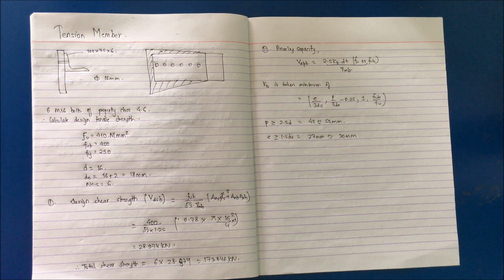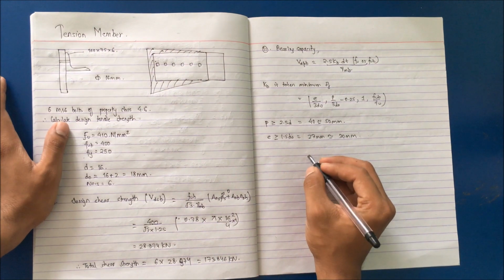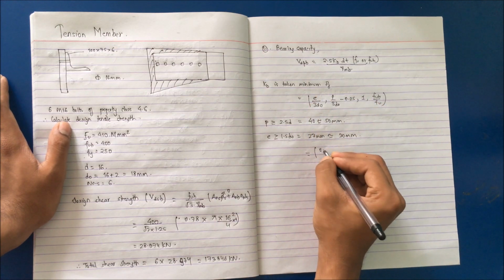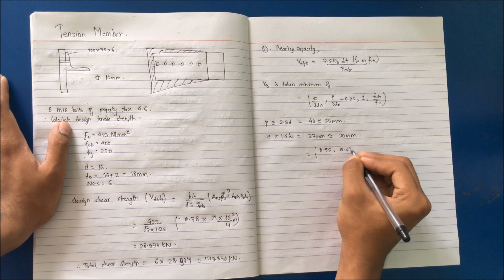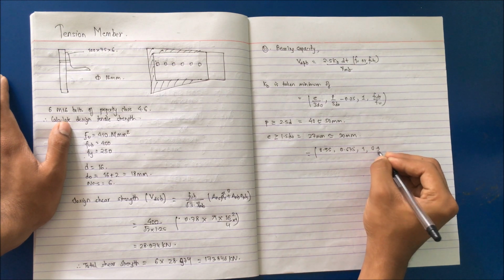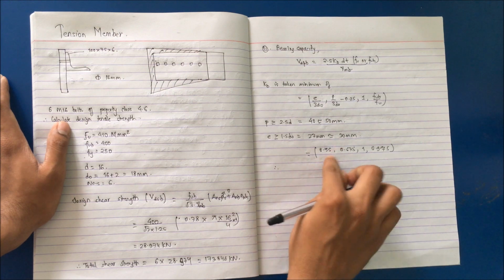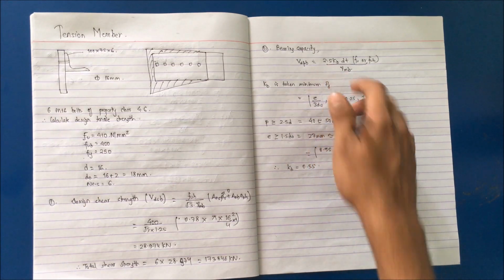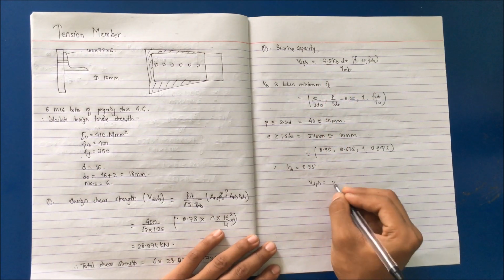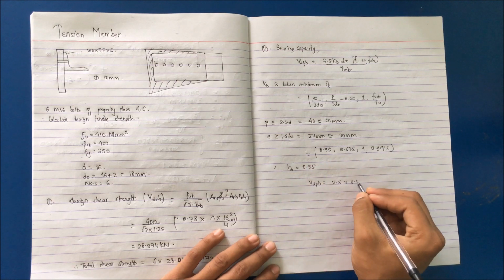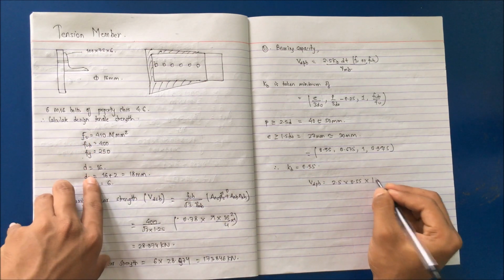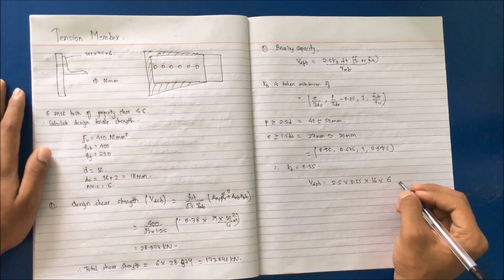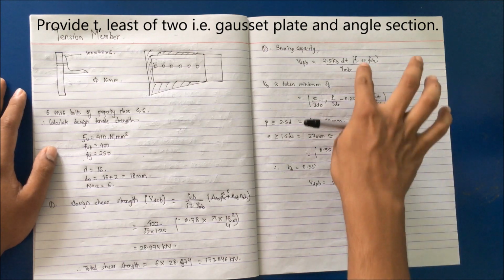Then we can calculate the value of KB, which will be minimum of this. So on substituting this value, I will get this as 0.55, 0.675, 1 and 0.975. Minimum of this is 0.55, so kb is equal to 0.55. Substitute the value of kb in this Vdpb, 2.5 times kb 0.55, d is the diameter which is 16, t is the thickness of the section which is given as 6, okay, multiply by minimum of fu or fub.